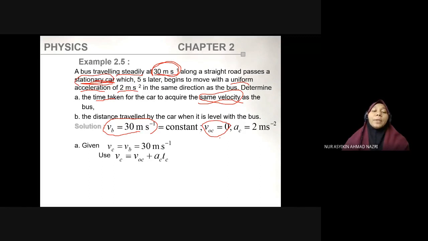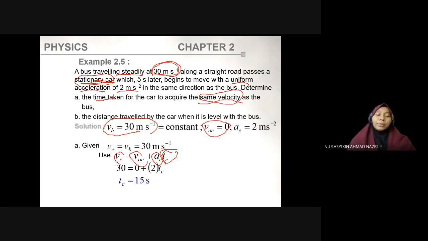Let's use the easiest one, where everything is available. Don't pick things that are not given, pick only what we have. So VC we have, V0C we have, AC we have, TC we don't have. We can find it, because only TC is missing, the time taken. Then you find your time taken here. Problem settled. So maybe this first problem is not too complicated.